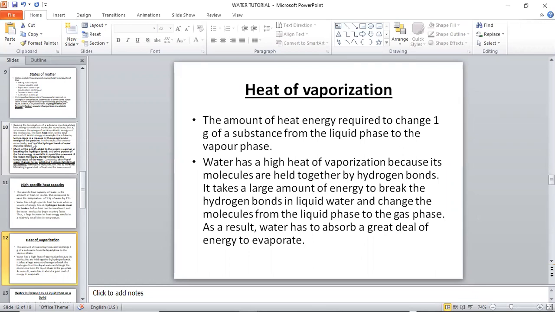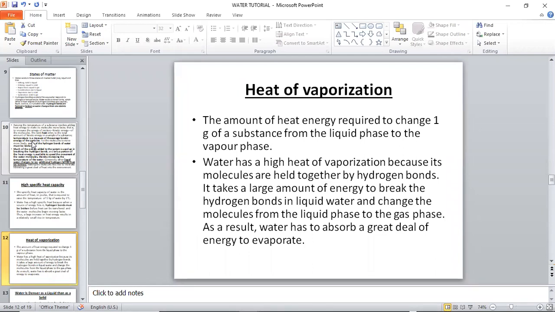Therefore, it takes a large amount of energy to break the hydrogen bonds in liquid water and change the molecules from the liquid phase to the gas phase. As a result, water has to absorb a great deal of energy for it to evaporate.